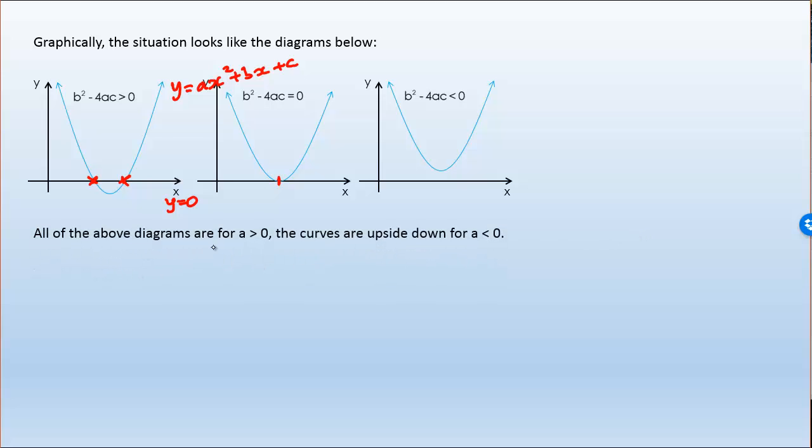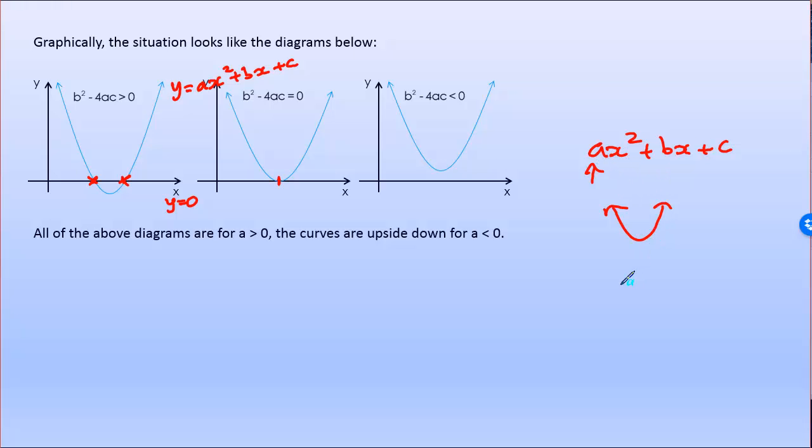All of the above diagrams are for a is greater than 0. The curves are upside down for a is less than 0. So when we talk about the a there, we're talking about in ax squared plus bx plus c. If the a is a positive number, then we get what's known as a happy curve. It's actually called concave up, but I always call it happy.